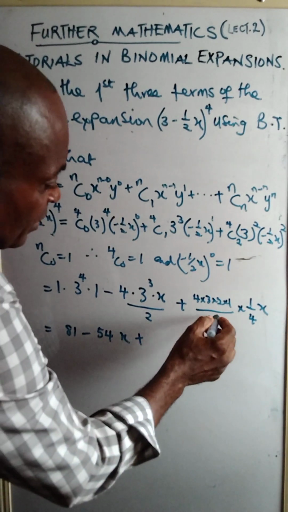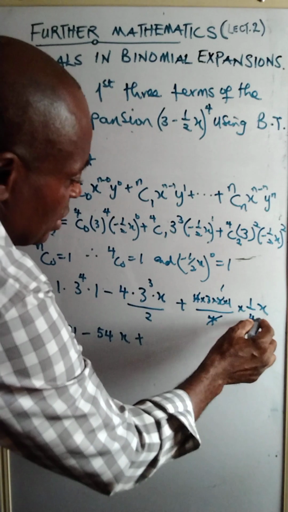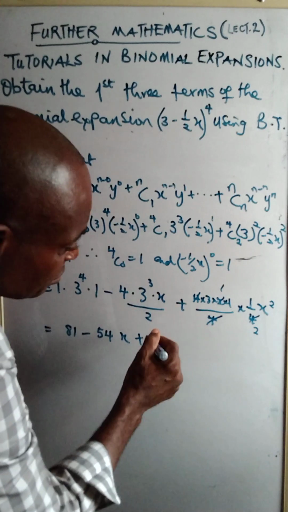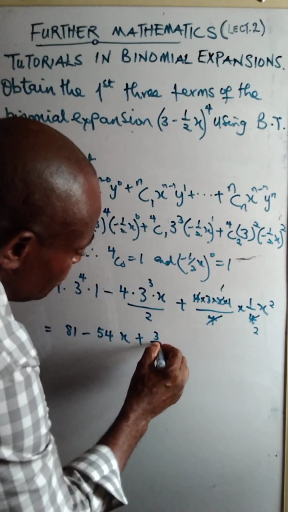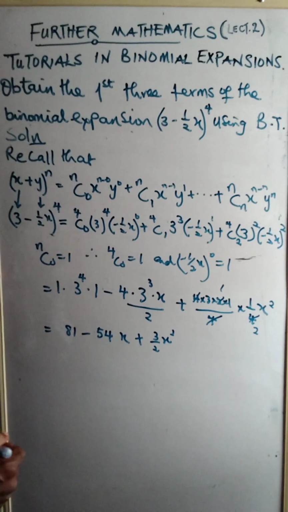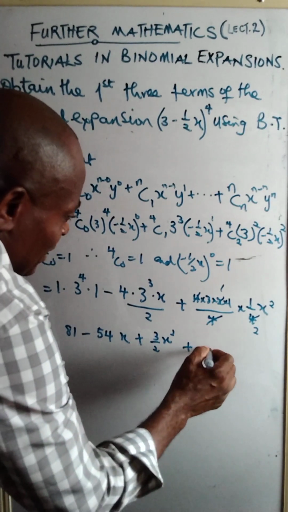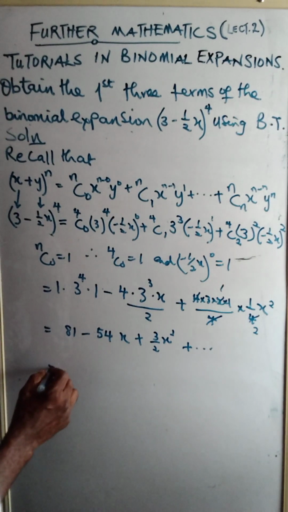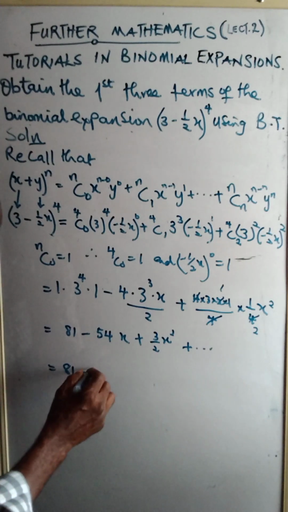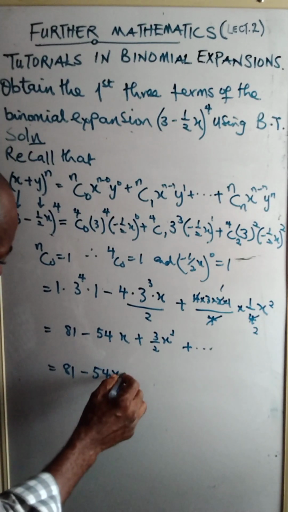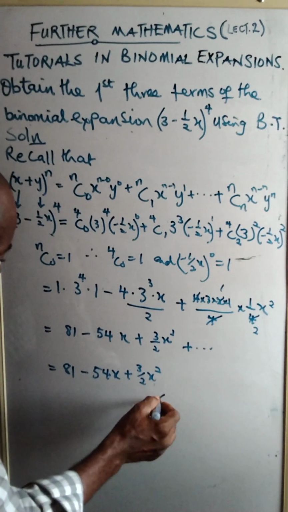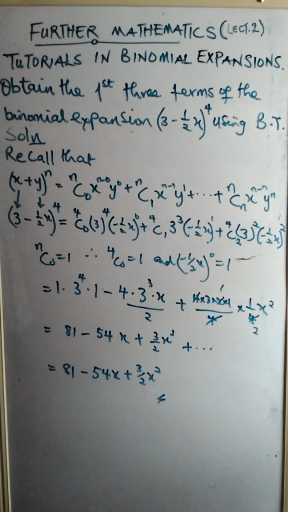Then this 4 is going to cancel, 2 here is 1, 2 here, that's going to be 2. Of course, this x is squared, so what we're going to see here is 3 over 2x squared. The expansion continues, except that we are meant to stop at the first 3 terms. So the result is going to be 81 minus 54x plus 3 over 2x squared. That is the result for 3 terms.